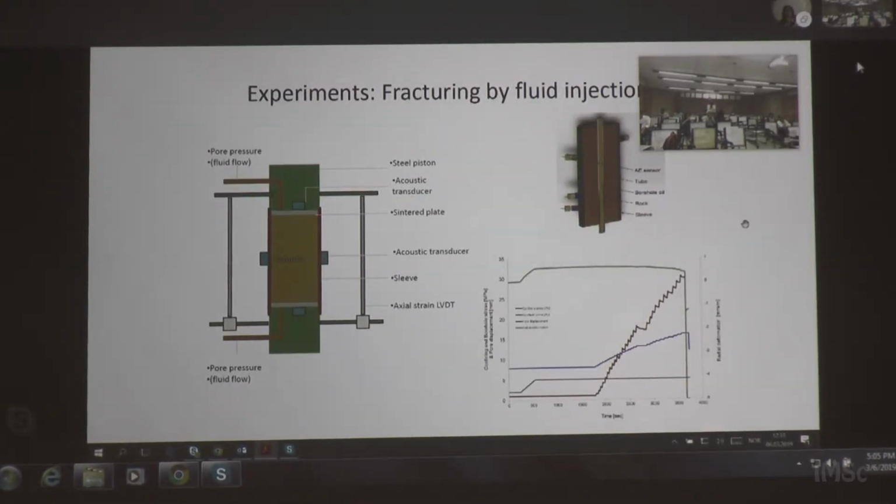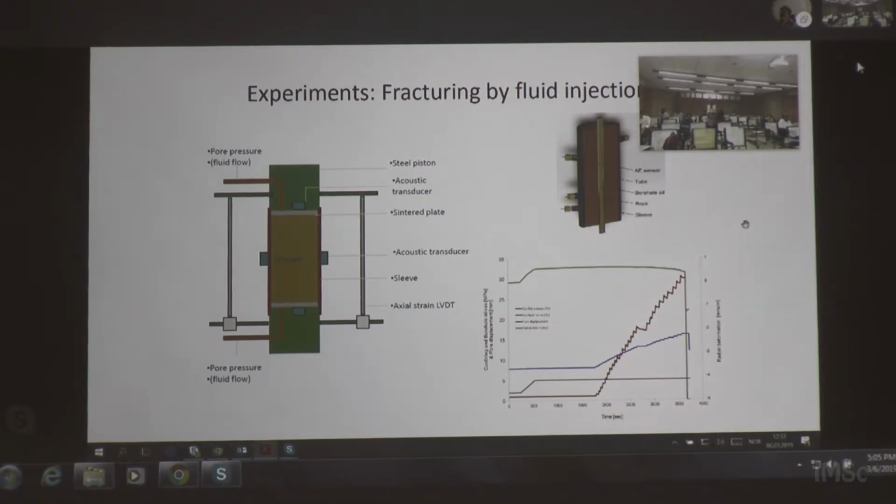So now I come to one experiment that we did a few years back in our lab. We wanted to create a field-like situation: we have a sample and we drilled one hole, and we pumped some oil through a tube to create borehole pressure.